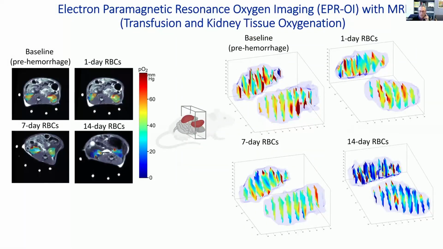For example, here at baseline, at 1 day of storage, 7 day, and 14 day of storage, there are fairly dramatic differences within the overall oxygenation to the kidneys.